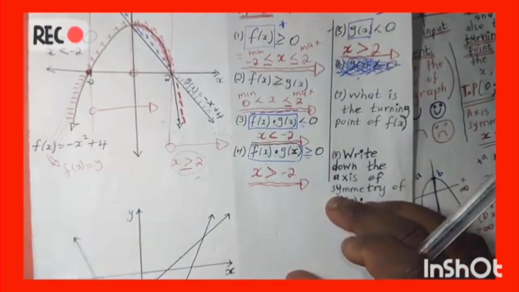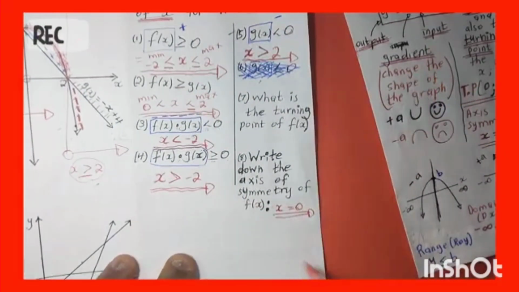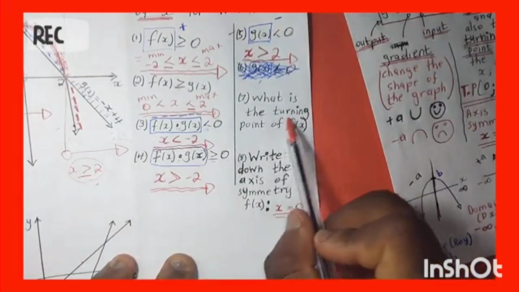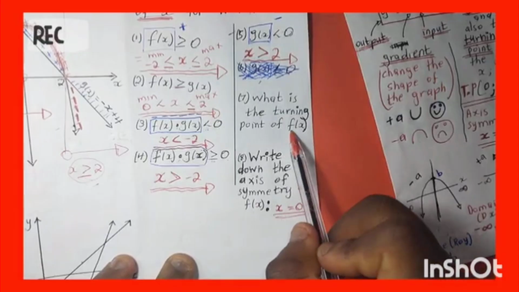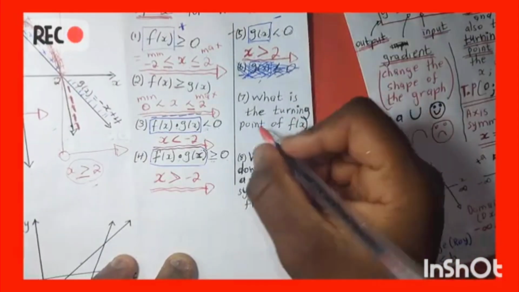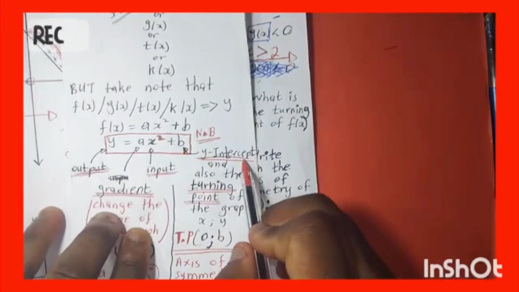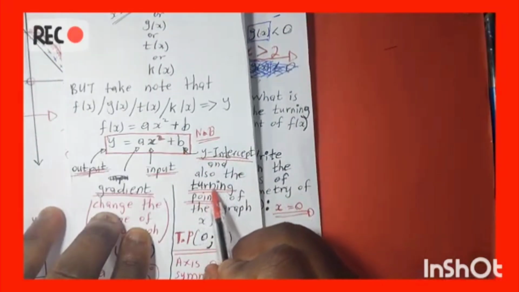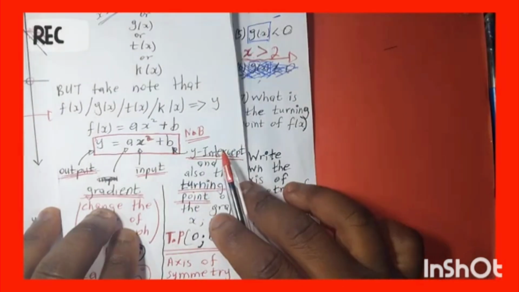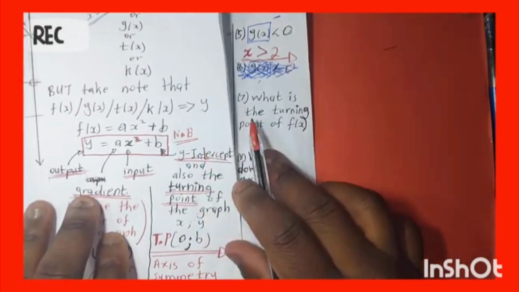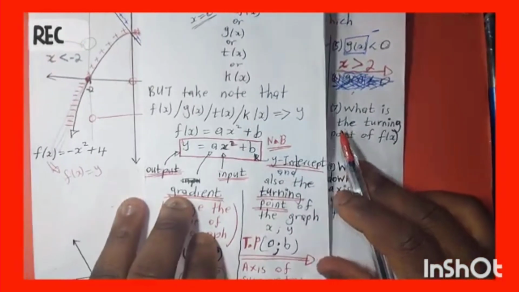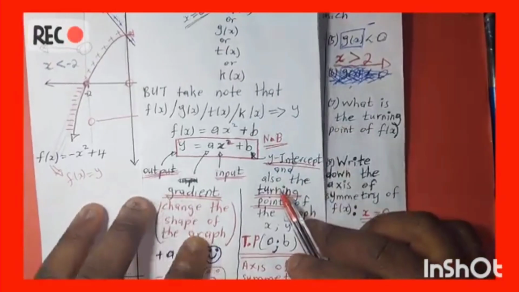And now cover this one. This one says to you, what is the turning point of f of x? And I told you that this is how you find a turning point. Something which is here, the y-intercept, is also called a turning point. Do you see? So now let's come to the equation of a parabola.